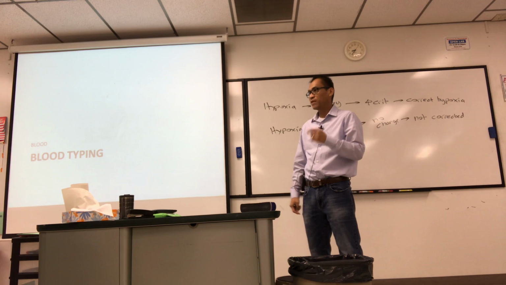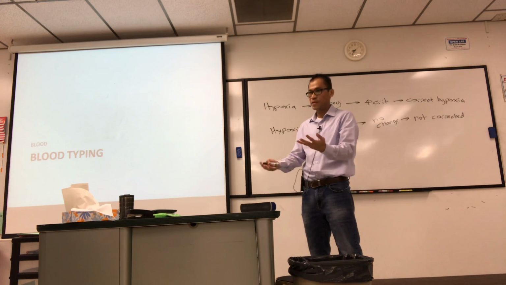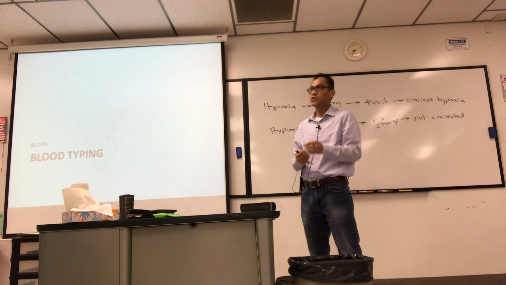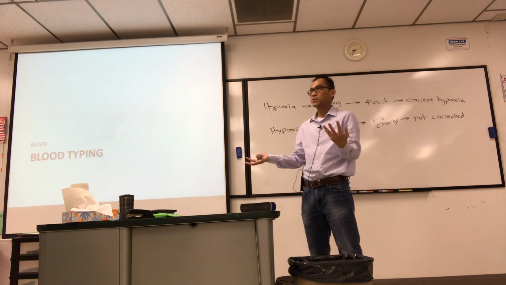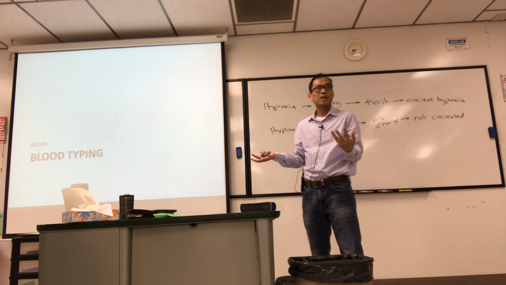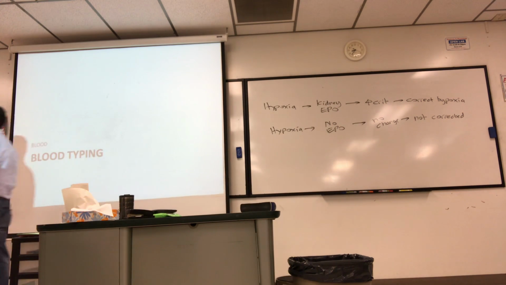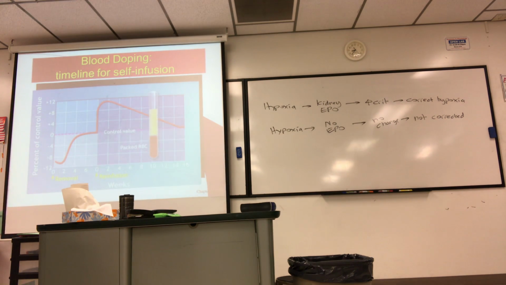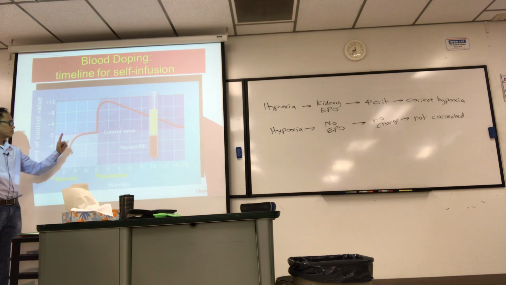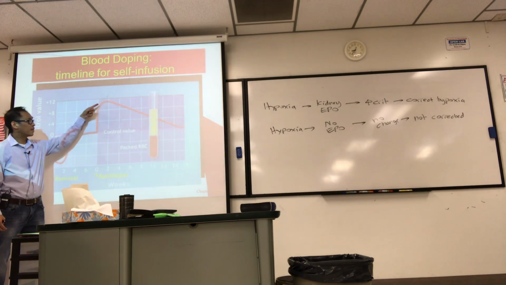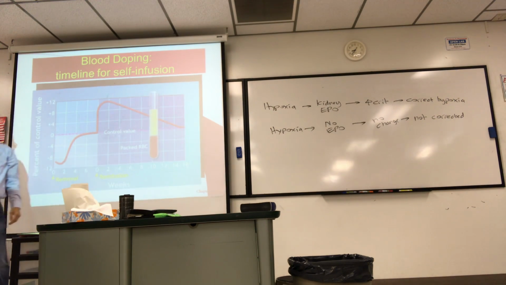It's easy to catch if you use the synthetic EPO, because that can be detected in a urine test. If you're just using your own blood, there's nothing you can detect. It's your own blood. The only thing you could do is do a crit measurement here, and then do a crit measurement here, and if it jumps up that much, you can say, hey, wait a minute, you can't jump that many points in this amount of time.